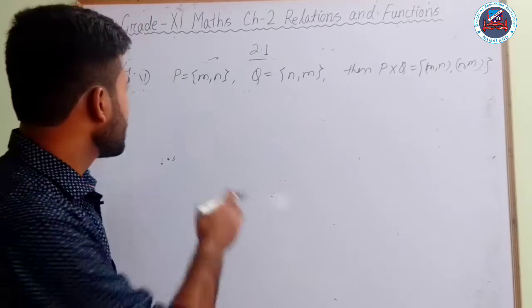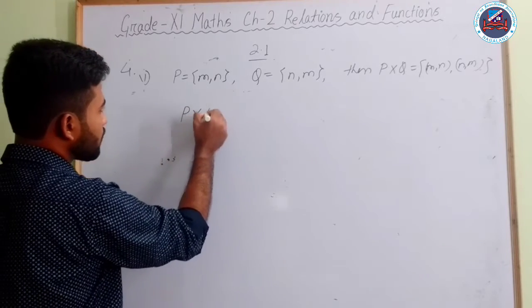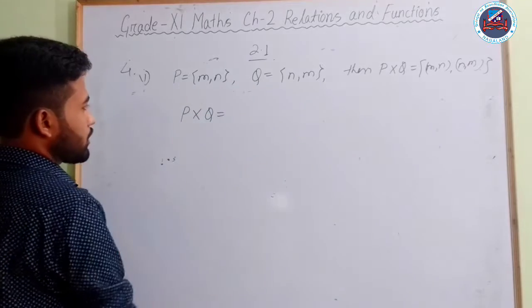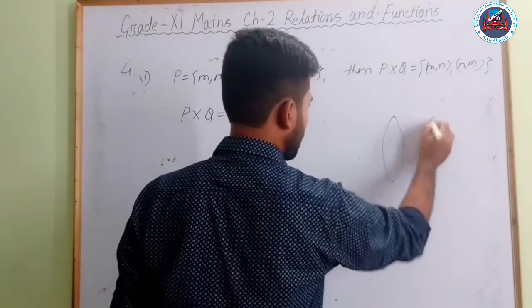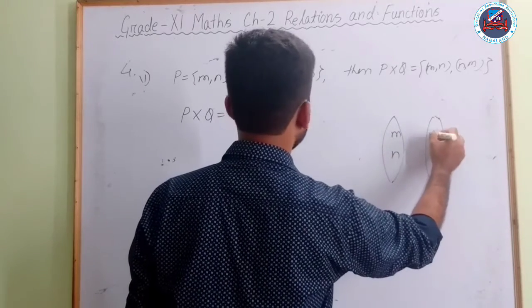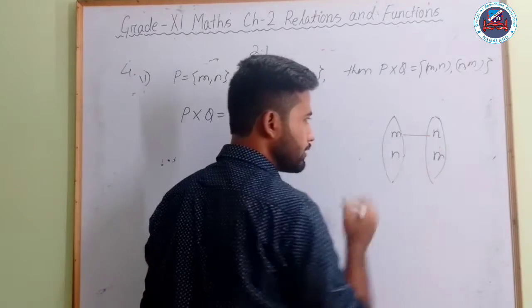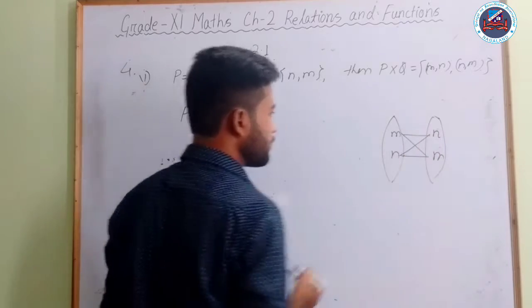So how to do? Here the sets given are P and Q. If I take the cross product of these two sets, how will it be? Just for our better understanding, if I write here m, n and n, m. One option is that I can connect m with n, then m with m, n with n and n with m.